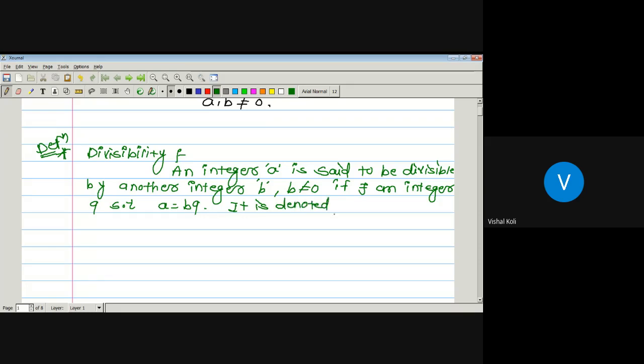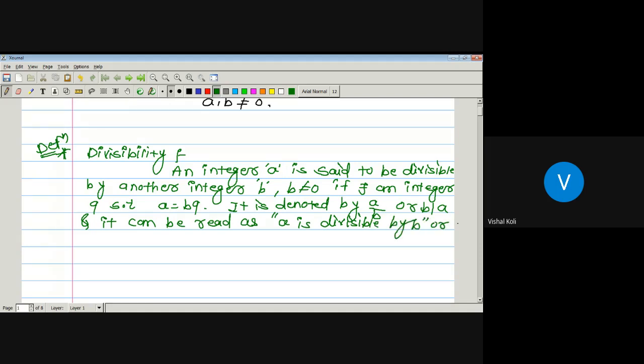It is denoted as: a is divisible by b, or b divides a, and it can be read as a is divisible by b, or b divides an integer a.